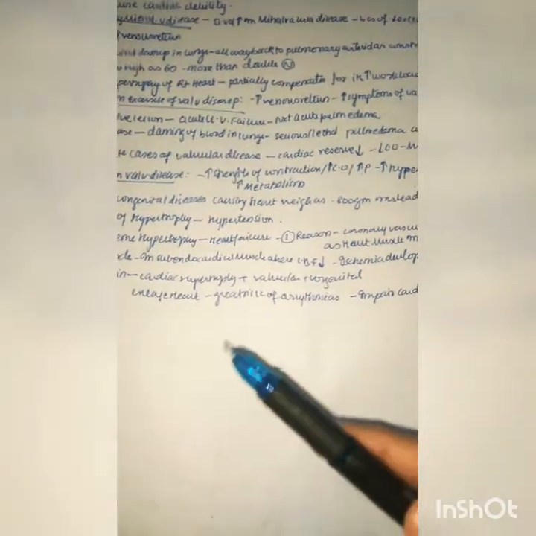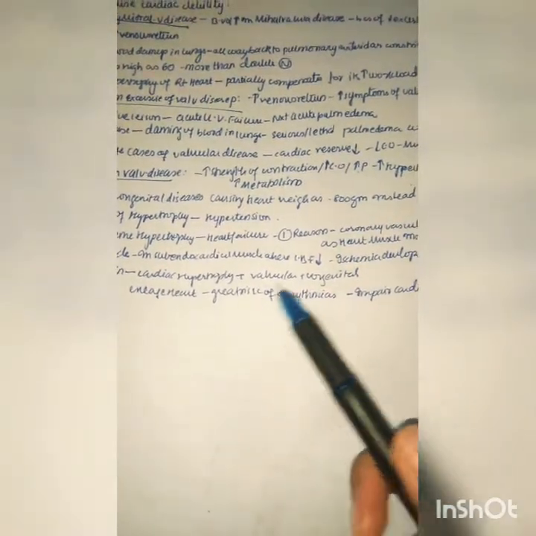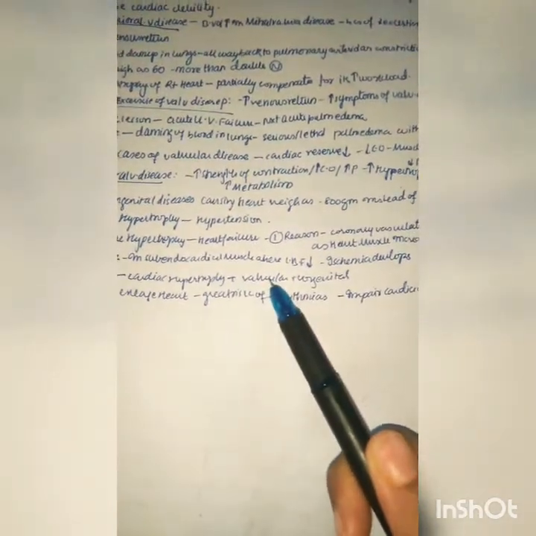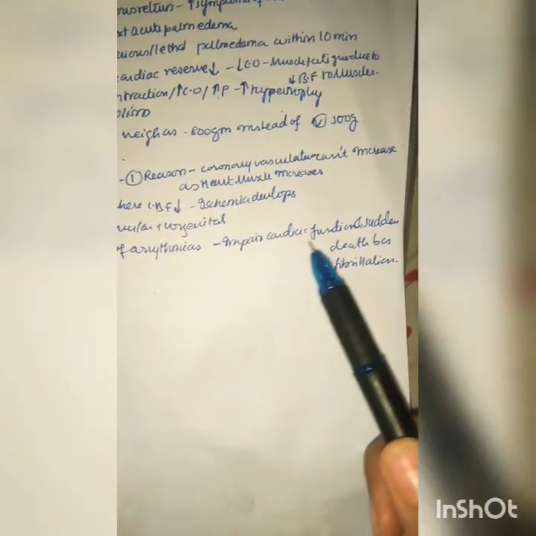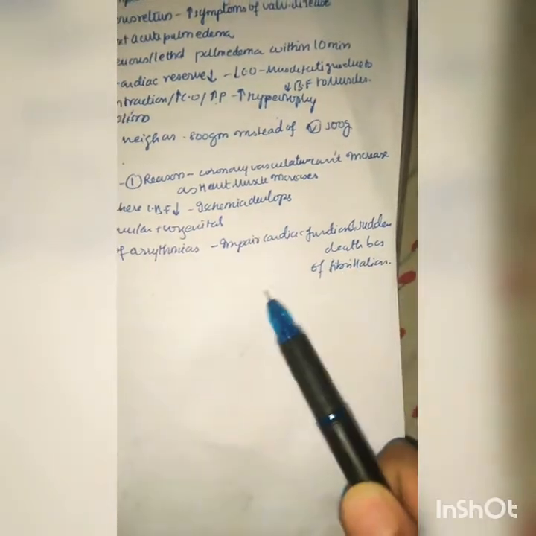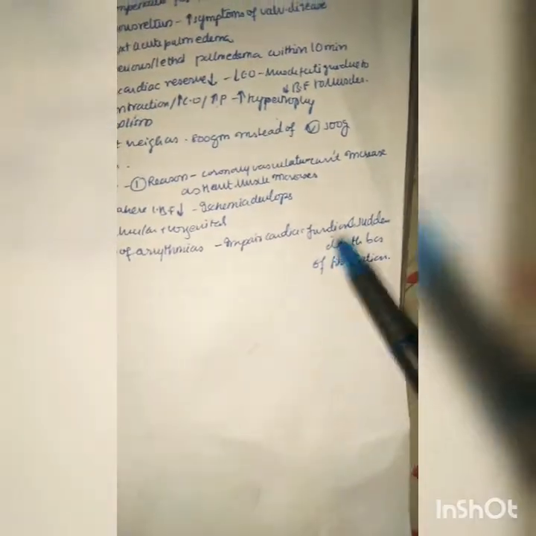Because of higher hypertrophy there is great risk of arrhythmia, and this is also associated with valvular and congenital enlarged heart disease. And finally they all lead to impaired cardiac function and sudden death because of fibrillation. So this person may also face sudden death because of fibrillation and impaired cardiac function. So these are all the reasons for hypertrophy of the heart in valvular disease. So this is how it is associated.